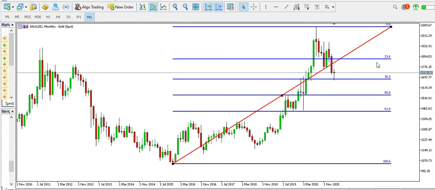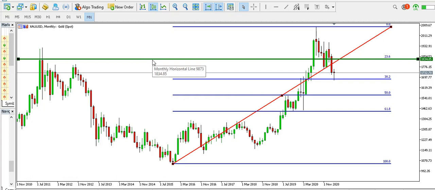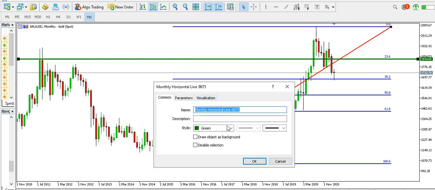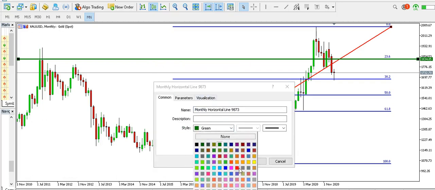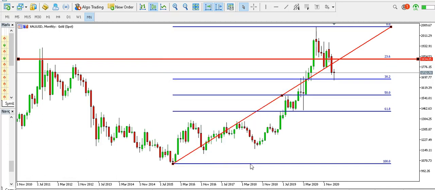And I'm going to have two zones, the 23.6 Fibonacci level. I'll change the color to red. Okay, then I'm going to mark the 38.2 Fibonacci level, change the color to red.